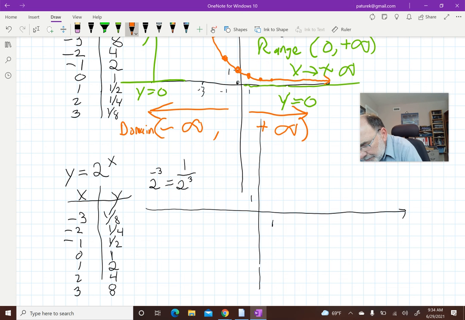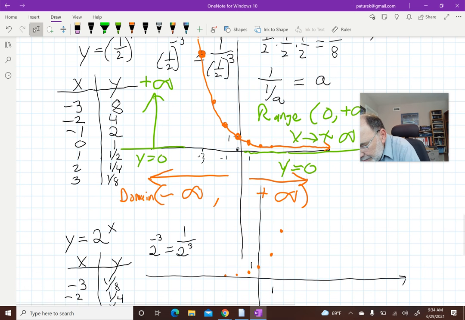Okay, -3 is 1/8. -2 is 1/4. -1 is 1/2. 0 is 1. 1 is 2. 2 is 4. 3 is 8. 1, 2, 3, 4, up from there.